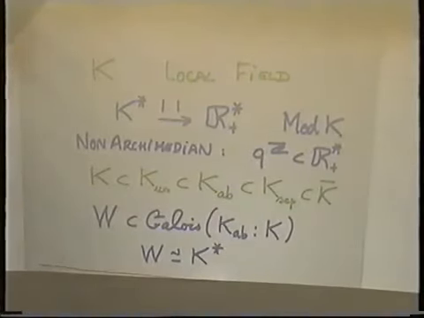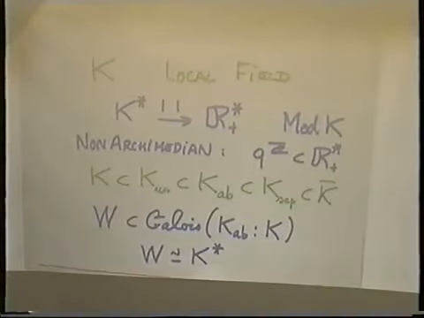Now, the beauty of local class field theory in the non-Archimedean case is that there is an interpretation of the multiplicative group of K as a Galois group. And this Galois group arises like this: you take an algebraic closure of K, you take the maximal separable closure there, then you take the abelian closure, and then inside the abelian closure, you take the unramified part.